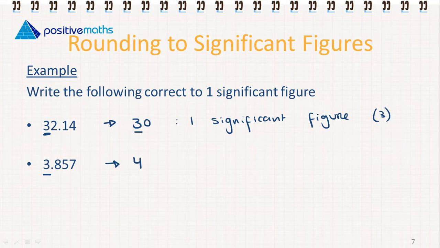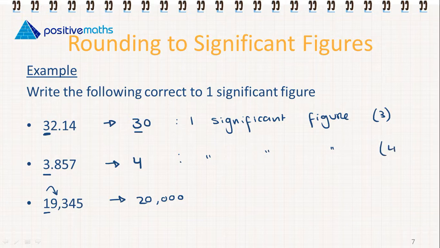So we rounded it to one significant figure. Next, 19,345. Again, we look at our first significant figure. It's 1. We look to the right. We know that 9 is greater than 5, so we add on 1 to 1. So now our number is 20,000.